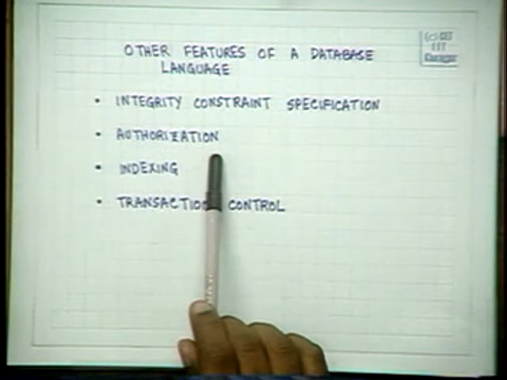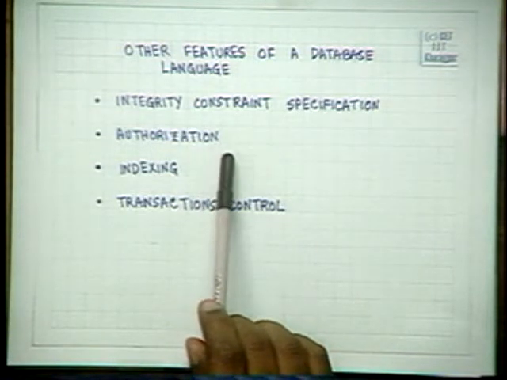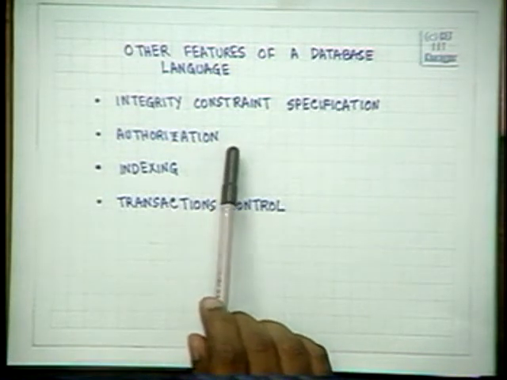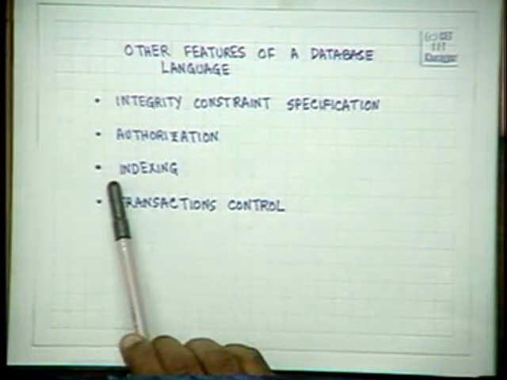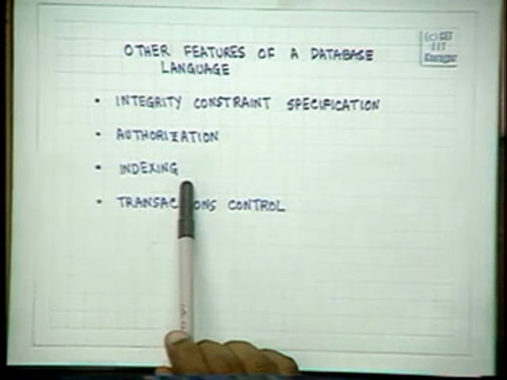Second is authorization. Who can do what? This is not only views, but the read, write, and update operations. Then indexing. How will this table be stored finally on the disk?